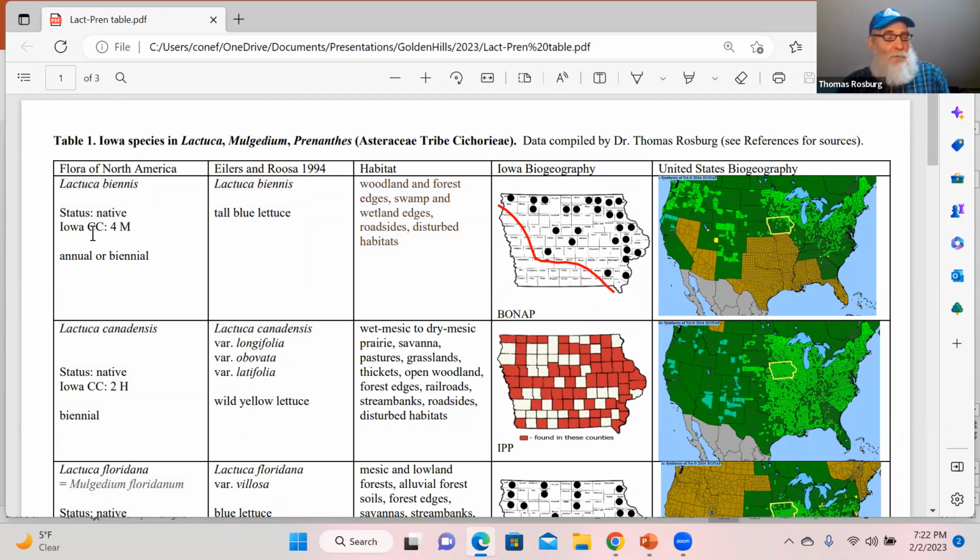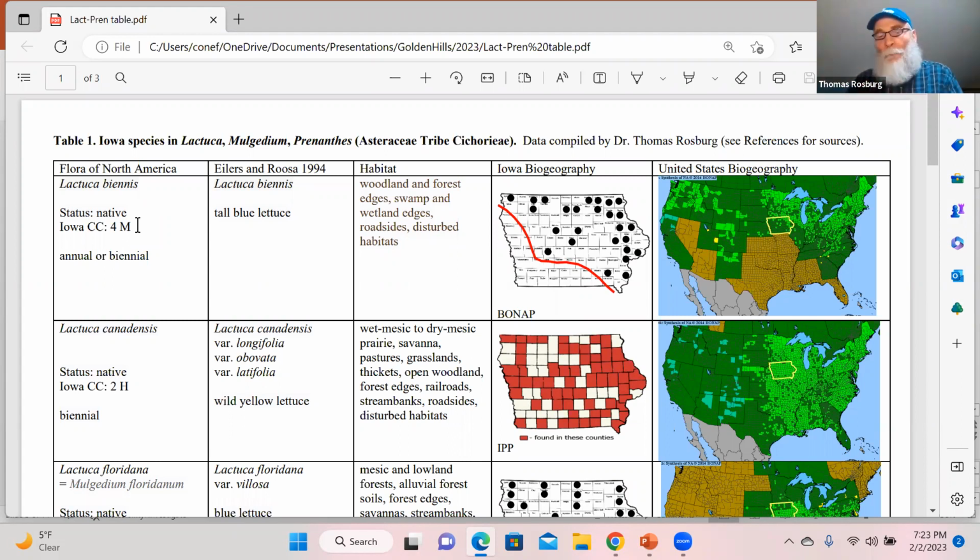And the Iowa coefficient of conservatism, these were revised in 2020, so I guess not newly, but recently revised coefficients of conservatism from the original list that came out in 2000. These have been updated, and the coefficients of conservatism are just a way of putting plants on a scale from 1 to 10 in terms of that species' affinity for very high quality, pristine environments.